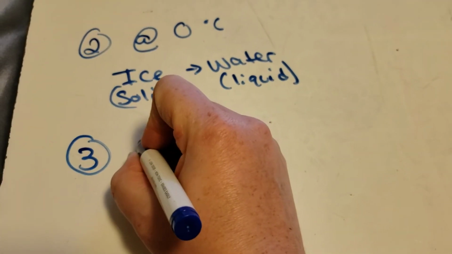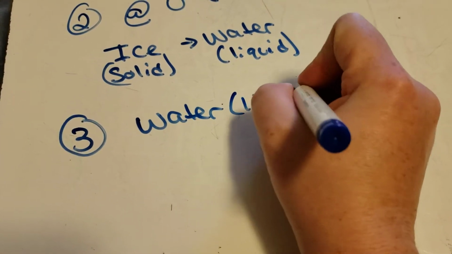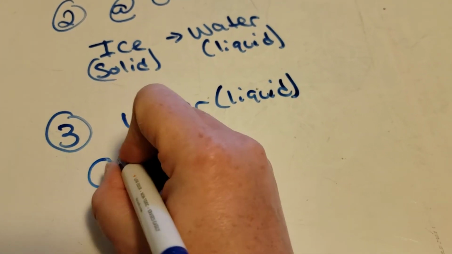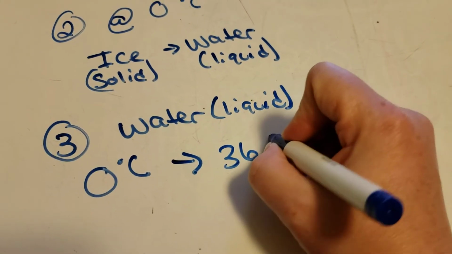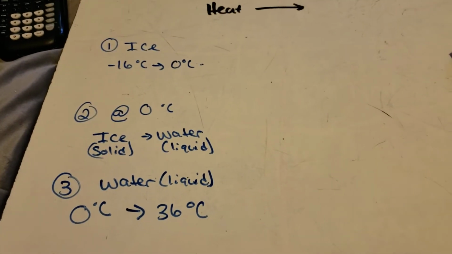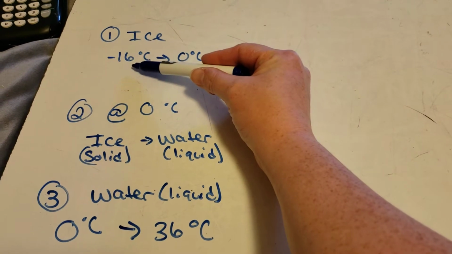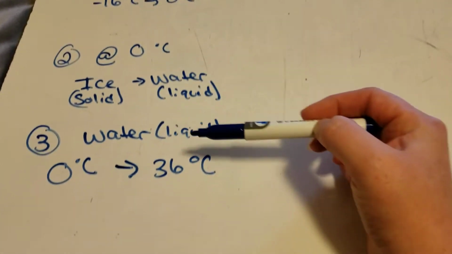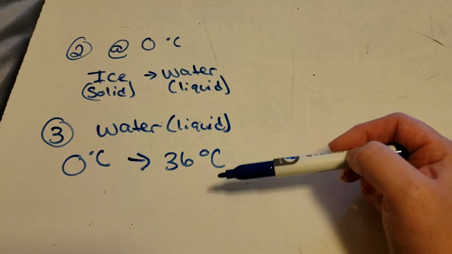I am water, or my liquid, starting at 0 degrees Celsius and going to 36 degrees Celsius. So that is how it is broken down: I'm starting at ice at negative 16 degrees Celsius and ending at liquid water at 36 degrees Celsius.